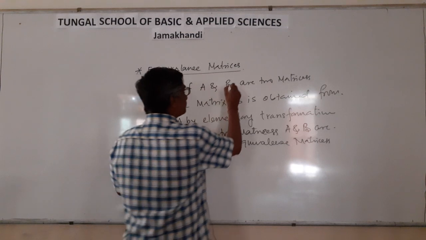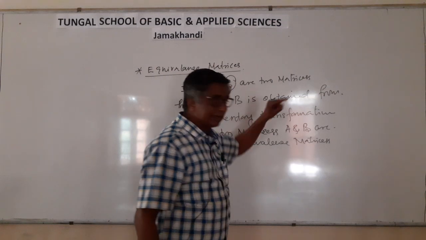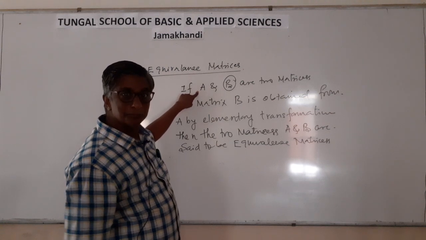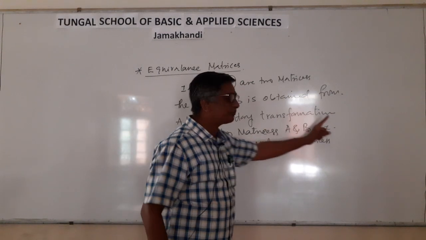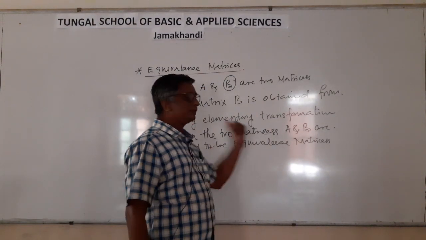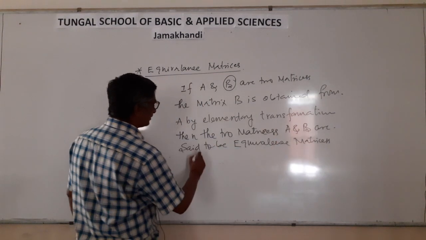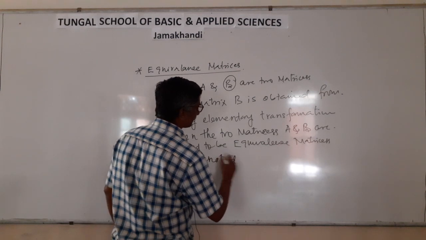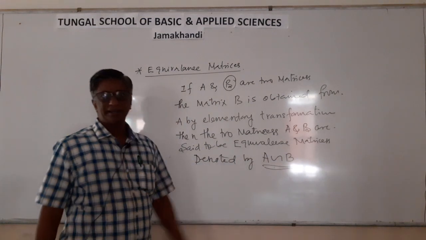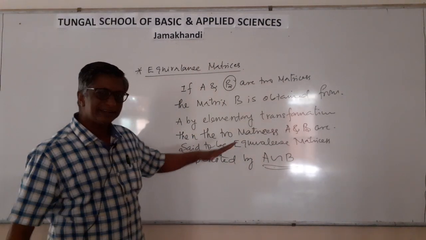This matrix B is obtained from the matrix A by a finite number of elementary transformations. Then the two matrices A and B are said to be equivalent matrices, denoted by A equivalent to B. We can discuss some examples in the next class.